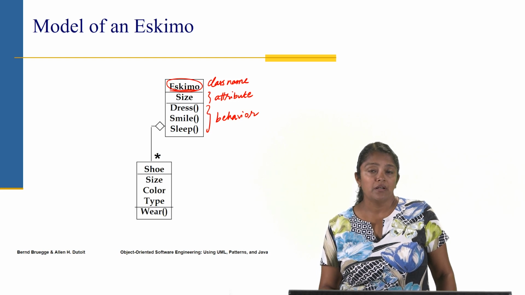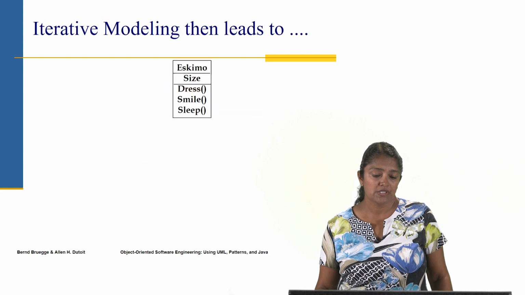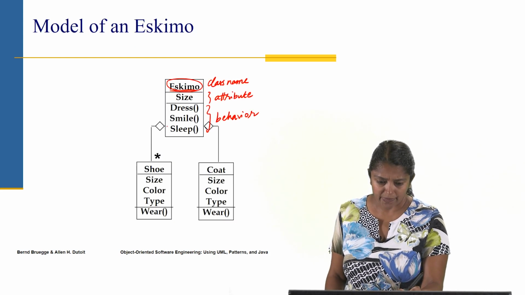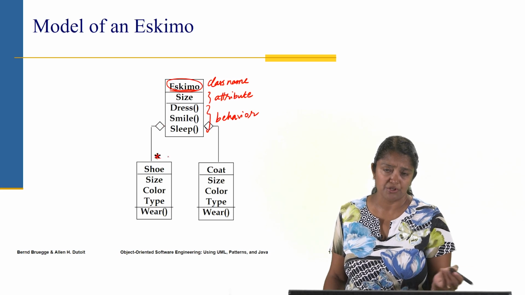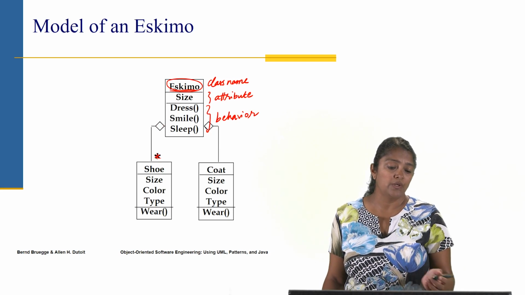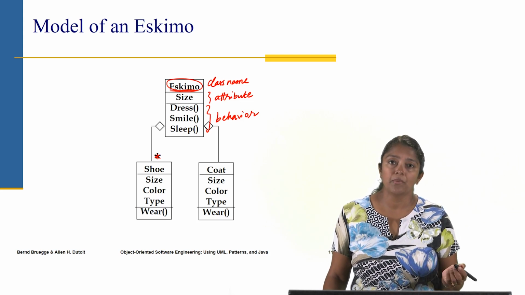Now, in addition to that, next we might want to model more details about the Eskimo. So the Eskimo, say, wears shoes. The Eskimo can wear multiple shoes, so there's that multiplicity symbol. Now, this notation that I'm showing here is UML notation, Unified Modeling Language.